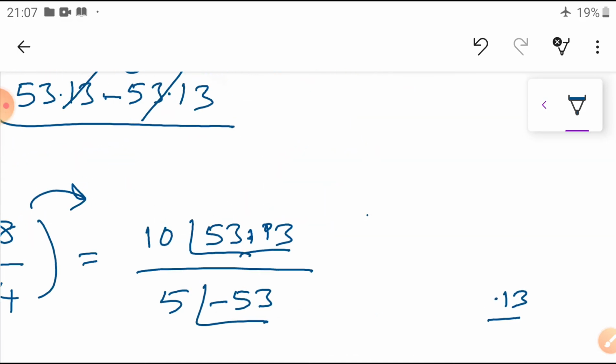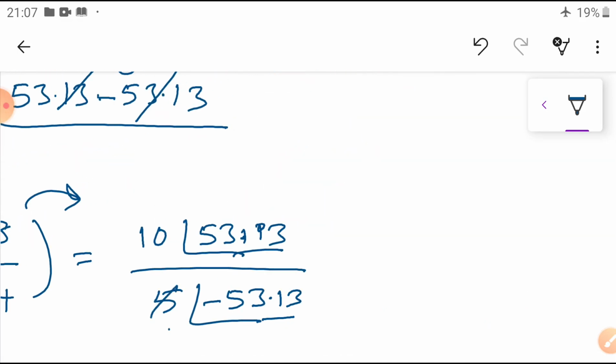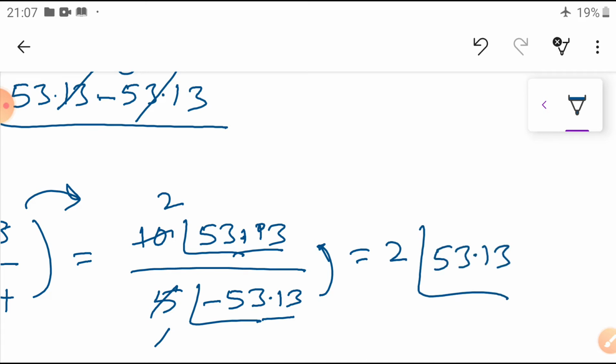So, what is the value here? 5 ones are 5, 5 twos are 10, so it goes to the upper side: 2 at an angle of 53.13. If minus 53.13 goes to the upper side, it becomes positive.